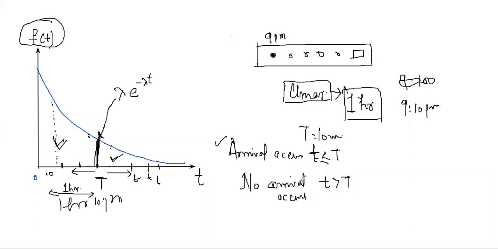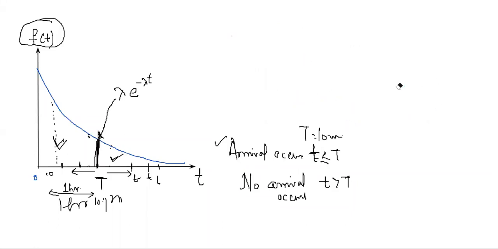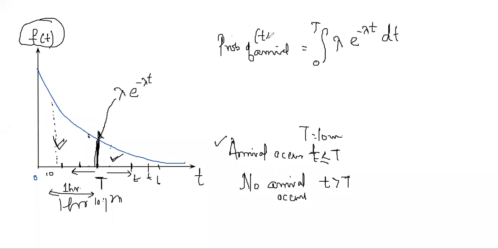Okay. So what is the probability of arrival? Let me check. The probability of arrival will be given by the integral of lambda e raised to the power minus lambda t dt, because the arrival has happened within time less than or equal to t.